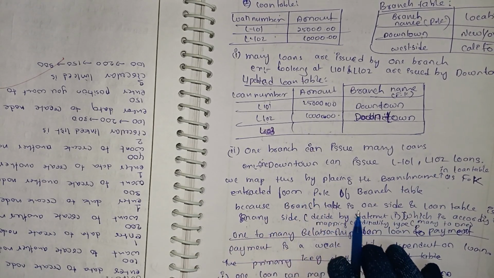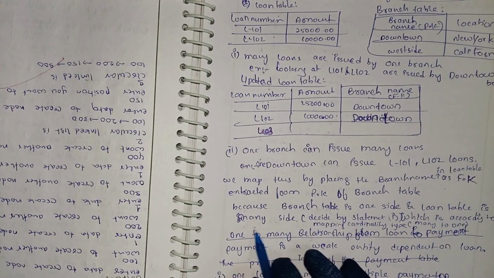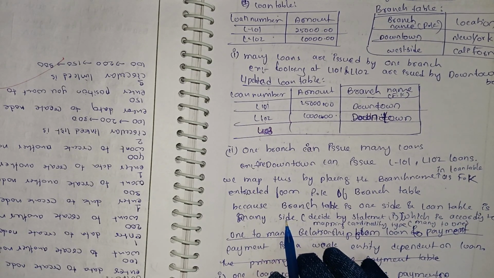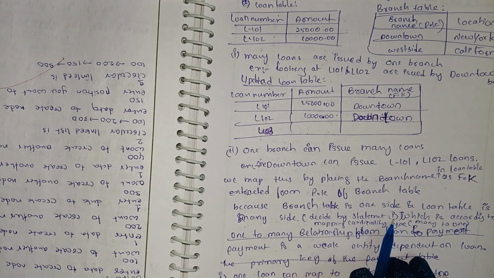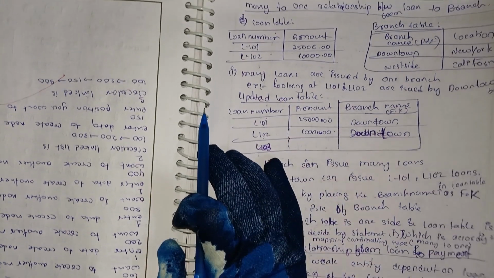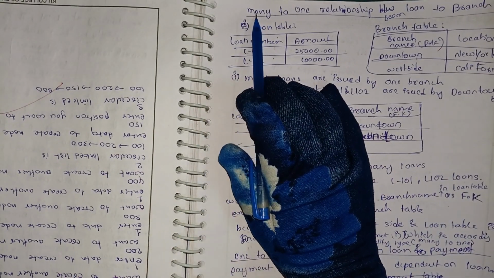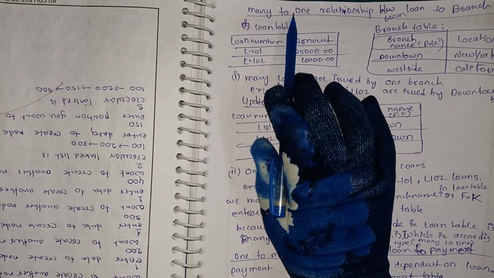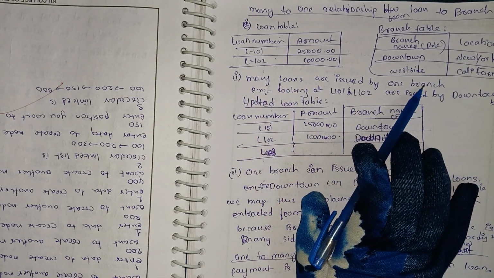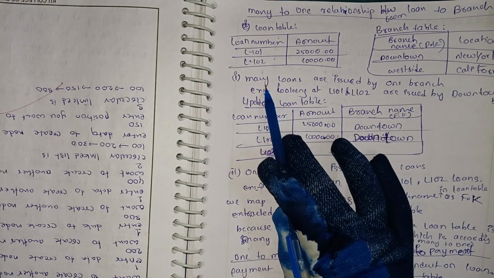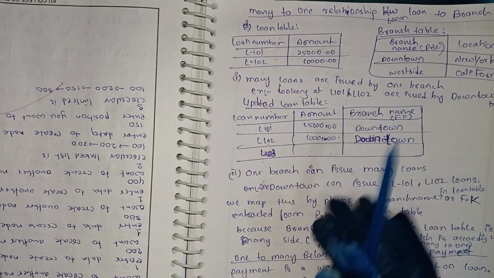Because branch table is one side and loan table is many side, deciding by statement 1. So statement 1 is according to the mapping cardinality, that is many to one, that is many loans are issued by one branch. So loan table is many side and branch table is one side.